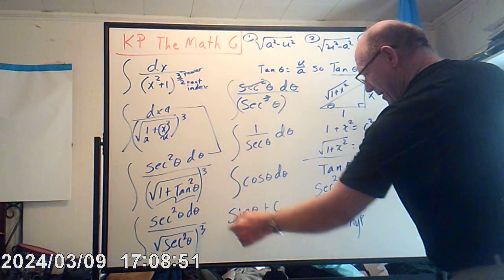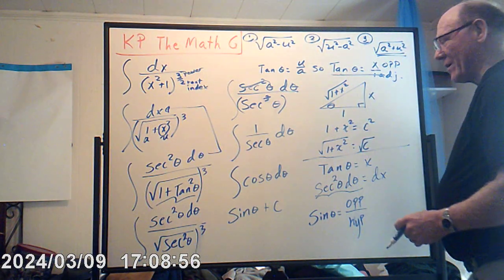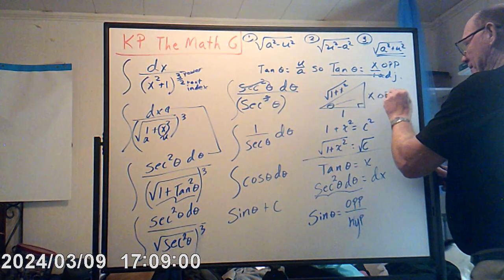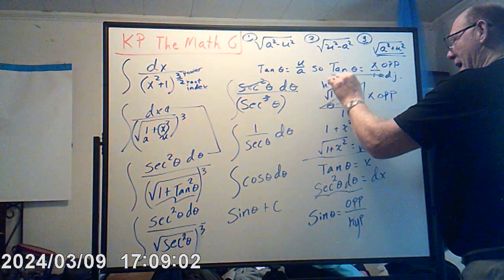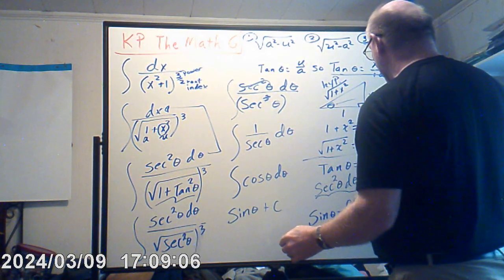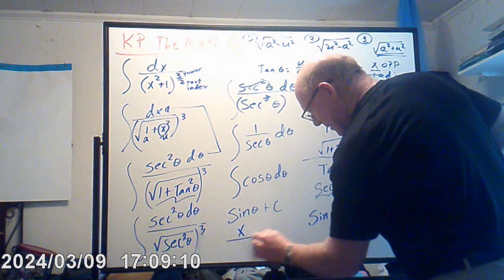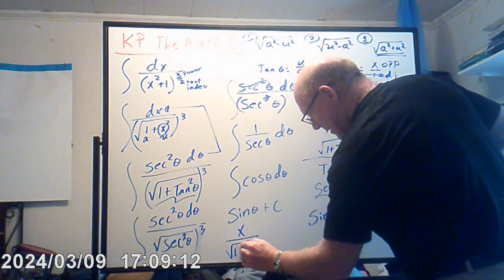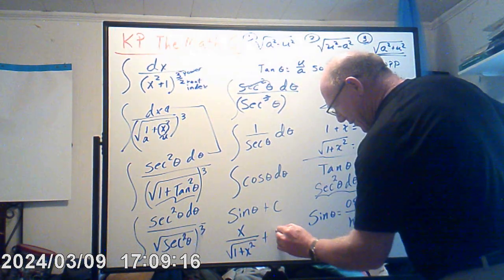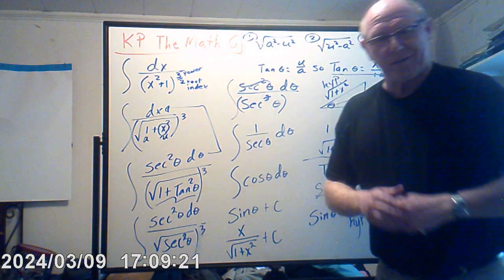I can't leave it as sine. I want to leave it in terms of x. That's what we started with. So here's the opposite right here, here's the hypotenuse right there. So this is equal to x over the square root of 1 plus x squared, plus c. You eventually want to get back to that x right there.